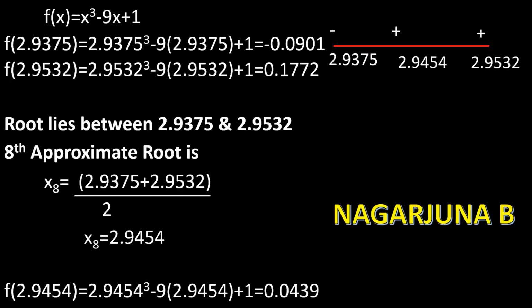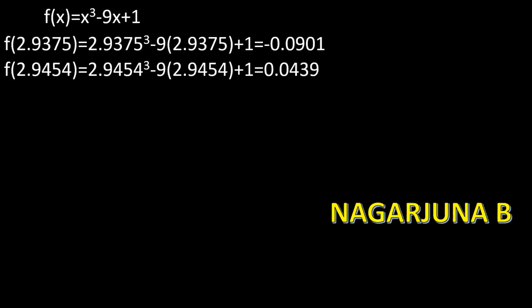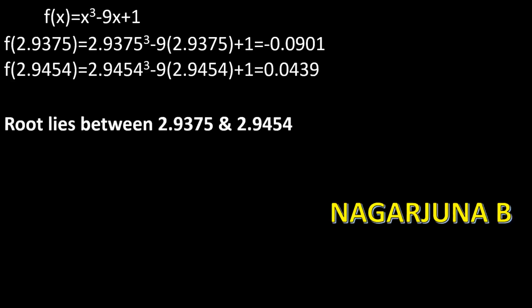Now again the root lies between 2.9375 and 2.9454. Again repeat the step. The root lies between 2.9375 and 2.9454, because for 2.9375, when we substitute in the equation, f of 2.9375 is negative, and for 2.9454, when substituted in the equation, f of 2.9454 gives a positive value.